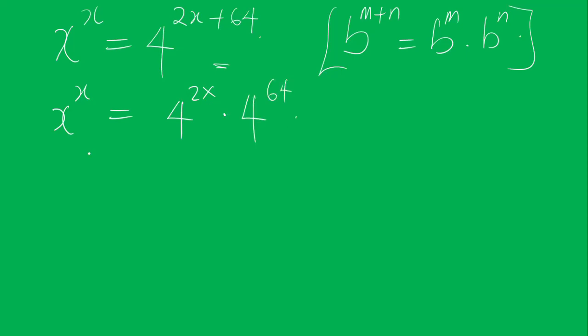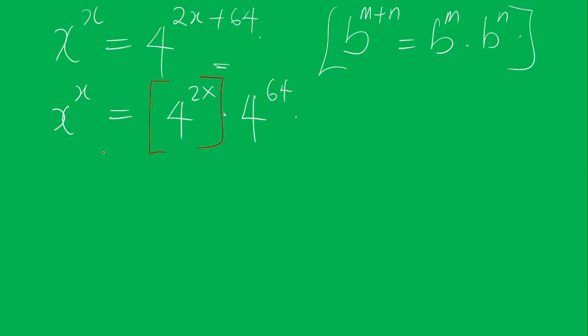Now we need to arrange this exponential equation in the form that the variables will be on one side while the constant will be on one side. There is a variable on the right hand side which we are going to remove, and there is no constant here.